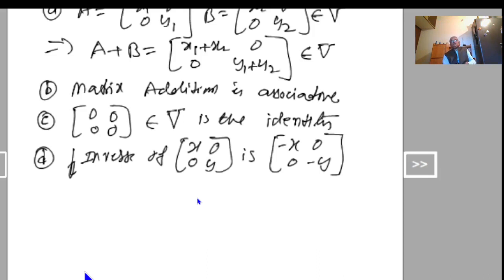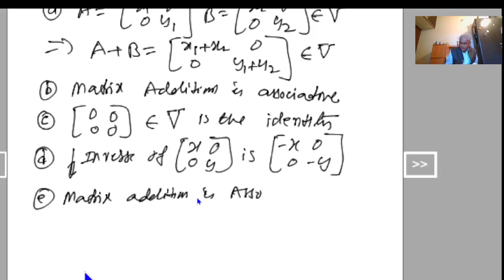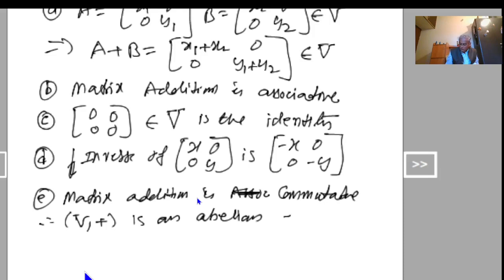Okay, the inverse element exists. And matrix addition is associative, commutative. Multiplication is not commutative, but addition is commutative. So, the commutative law is also satisfied. Therefore, V comma plus is an abelian group. Okay, the first axiom is satisfied.